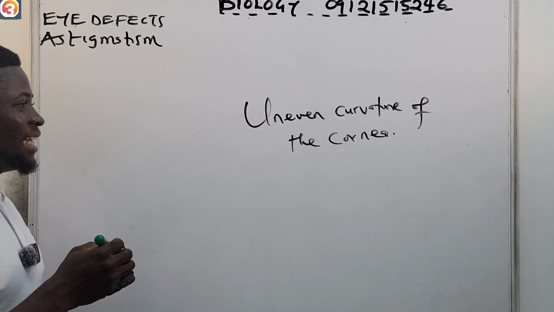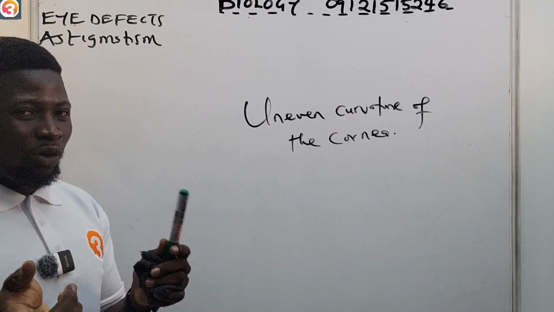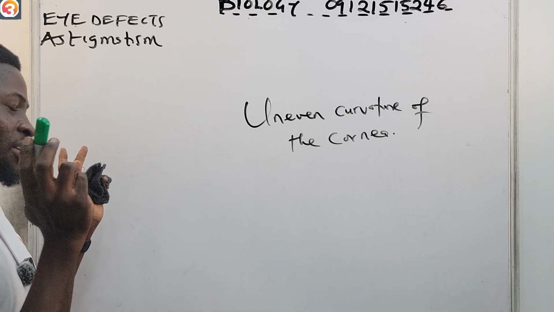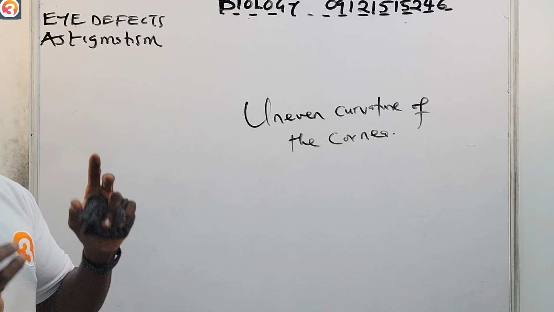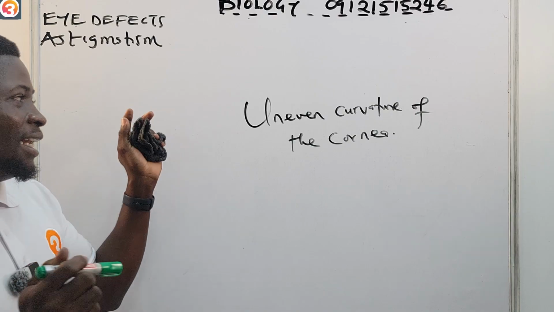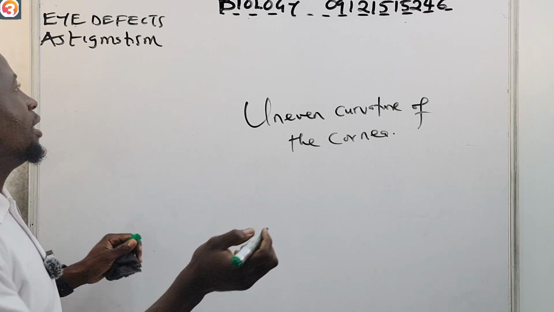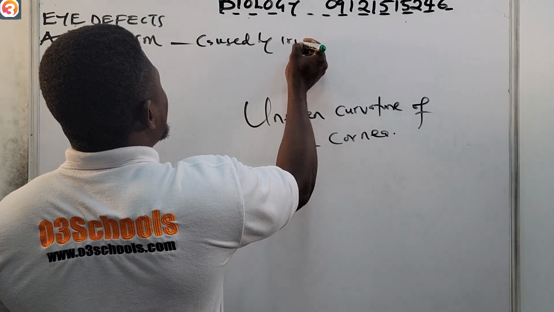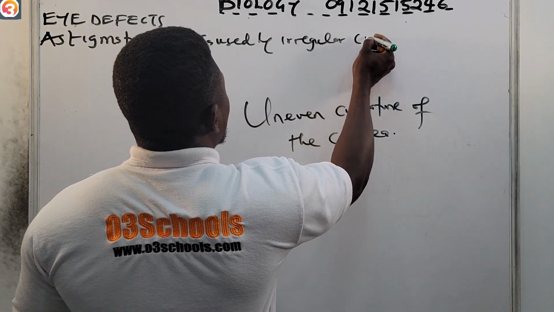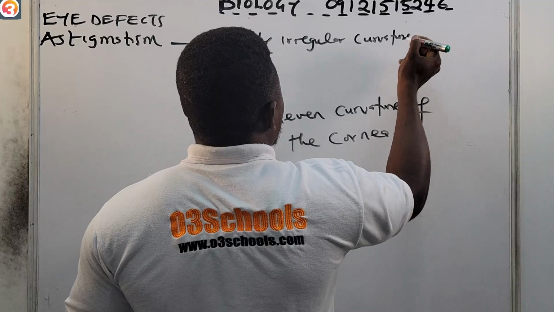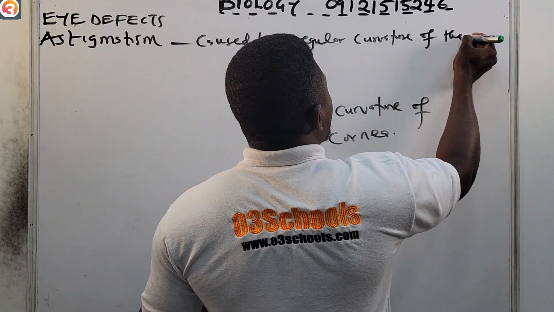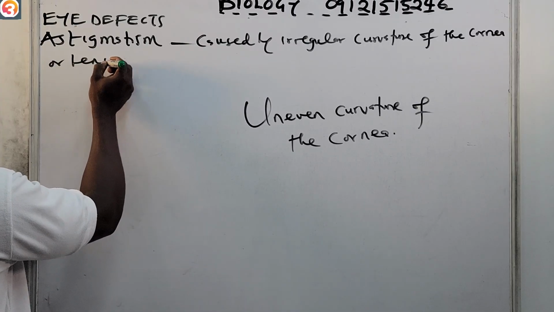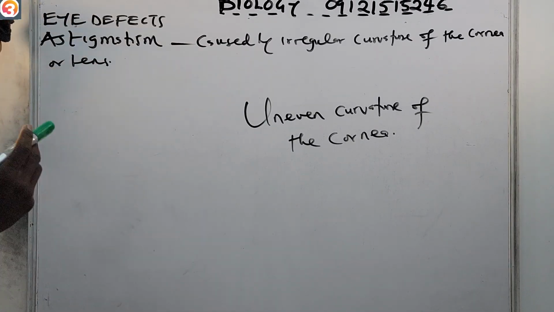When there's uneven curvature of the cornea, or uneven or irregular curvature of the lens, it leads to astigmatism. So this is caused by irregular curvature of the cornea or lens.